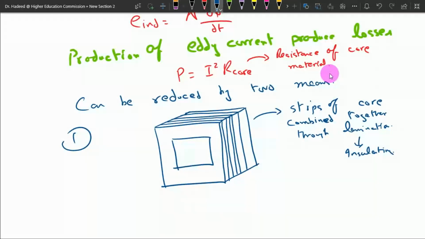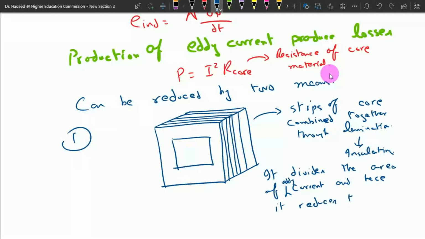Using this, it divides the area of the eddy current, and hence it reduces the losses.